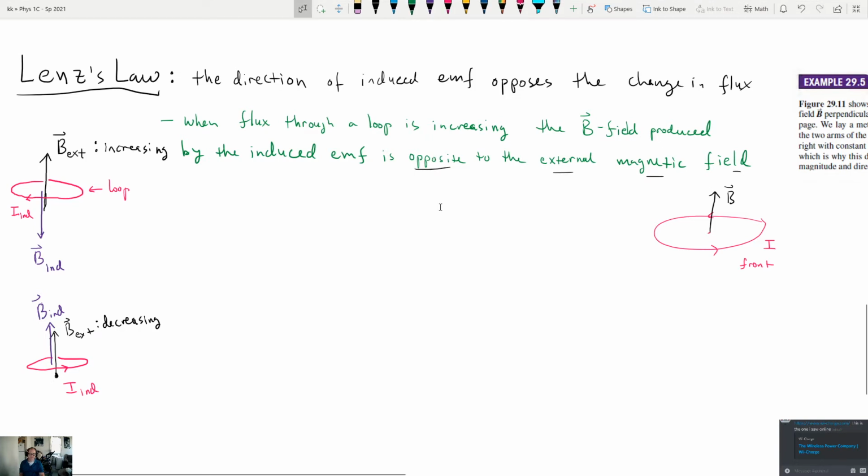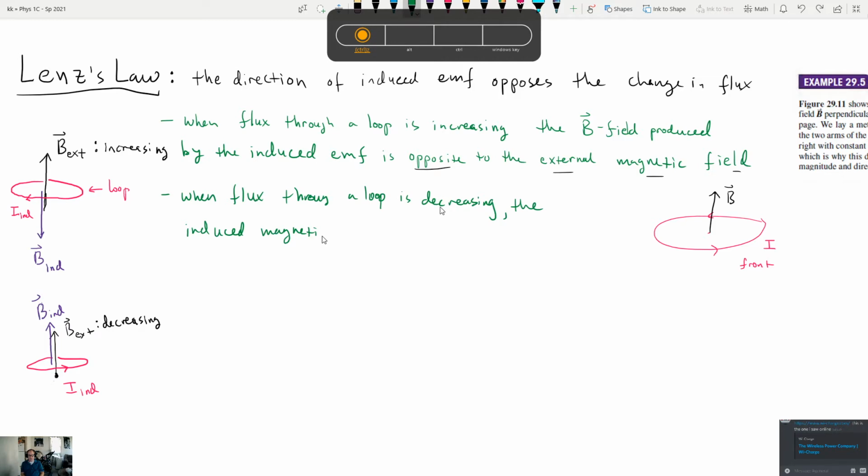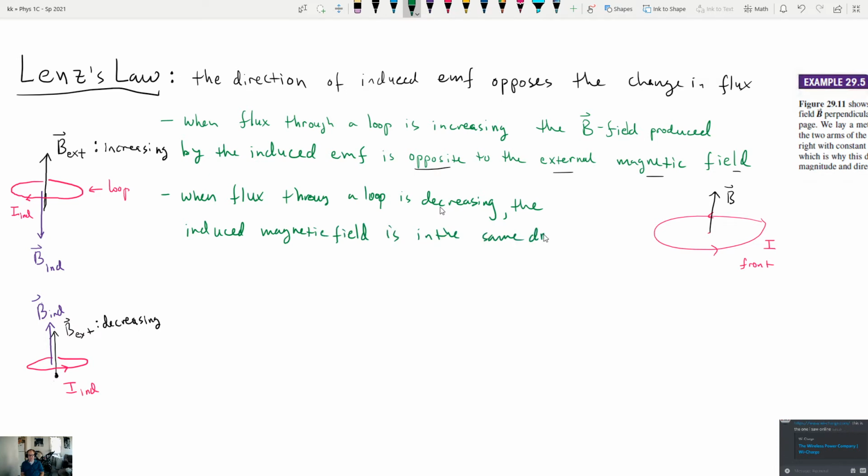So I will write out the other half of this, which is, when the flux through a loop is decreasing, and now that I've actually gone through some of this, I can use some of this language, the induced magnetic field is in the same direction as the external field.